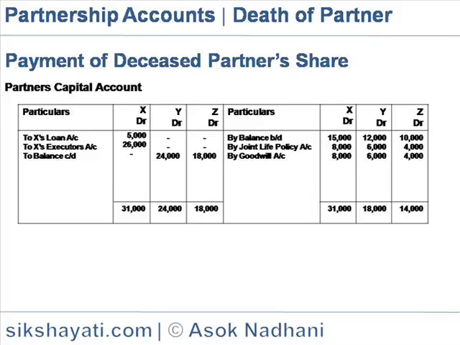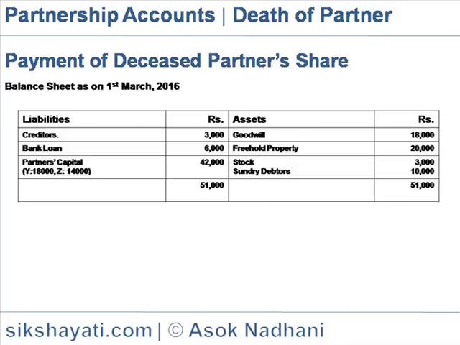On the debit side, X loan is 5,000. To X's account, the executor is paid 26,000. So the balance is Y 24,000 and Z 18,000, which is carried to their capital accounts.